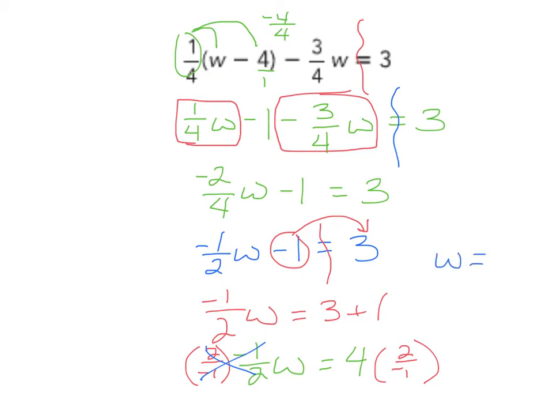So now we have 4 times 2 over negative 1. Well, that's really 4 over 1. So if we multiply across, that would be 8 over negative 1. 8 over 1 is just 8, and since it's a positive over a negative, our answer is negative 8. And that is it.